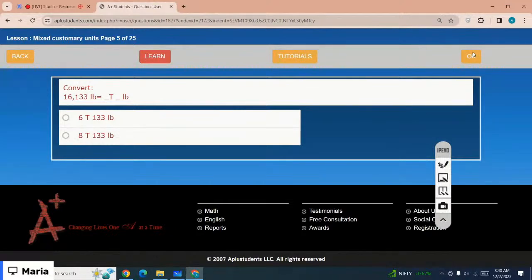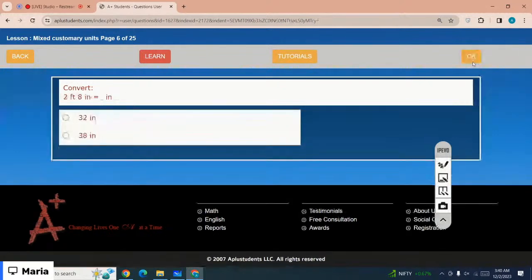We know that 1 ton equals 2,000 pounds, right? So you have to divide 16,133 by 2,000. 2 times 8 is 16. It will be 8 tons and 133 pounds. The correct option is 8 tons and 133 pounds, right?